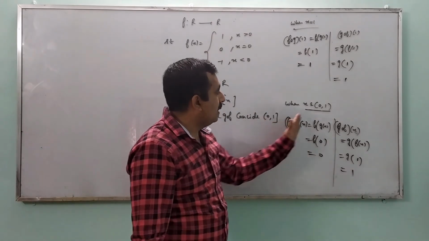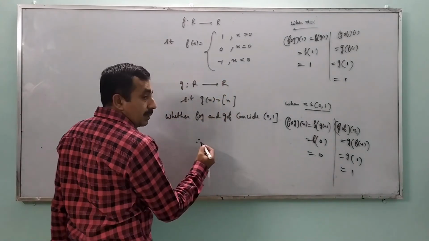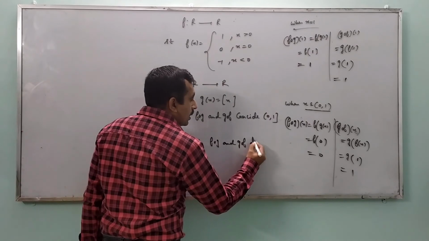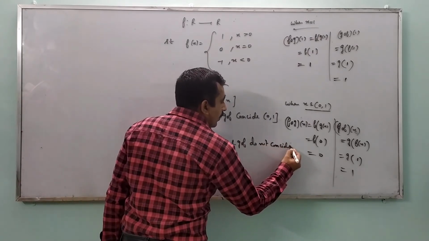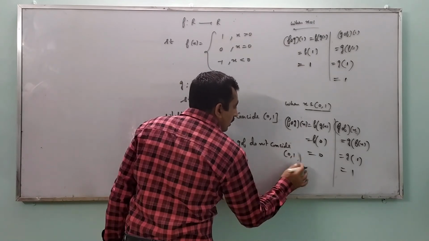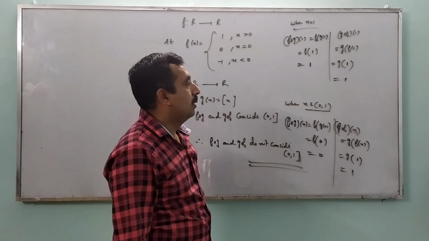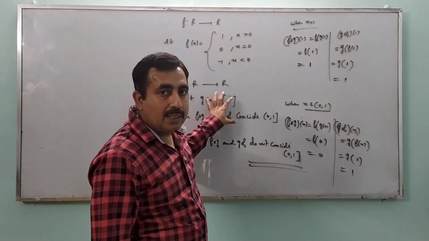It means f of g and g of f have different values. Therefore, the answer is that f of g and g of f do not coincide in (0, 1]. So again, f is the signum function and g is the greatest integer function.